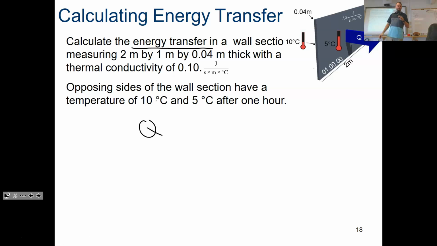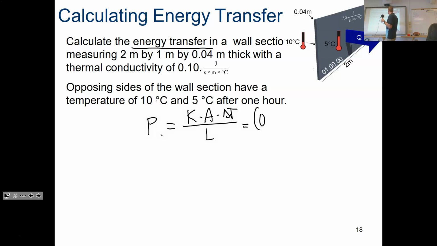So that energy transfer equation that we had before: P equals power, because that's the energy per second. Power equals K times A times delta T divided by the thickness. And they tell you the K, the conductivity constant, is 0.1 joules over seconds times meters times degrees Celsius.